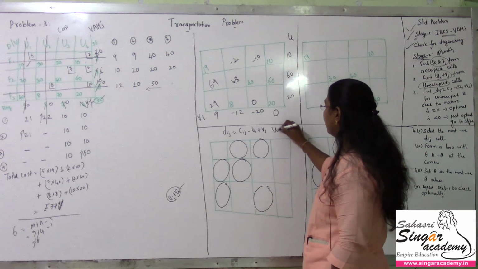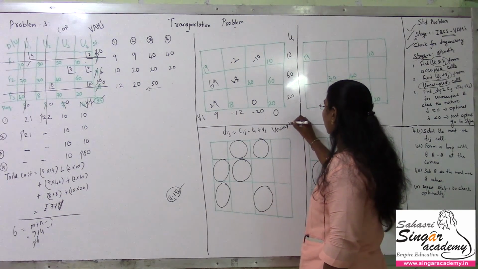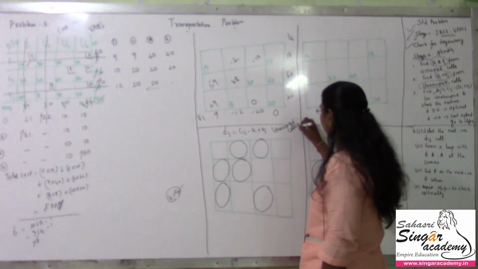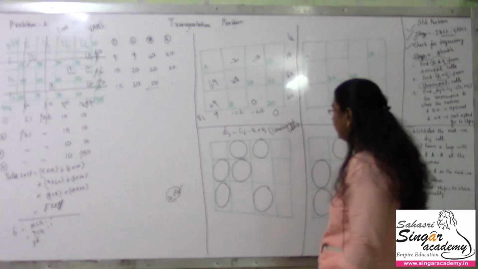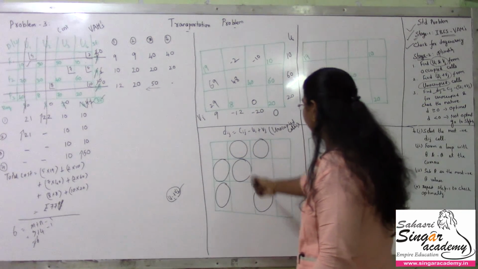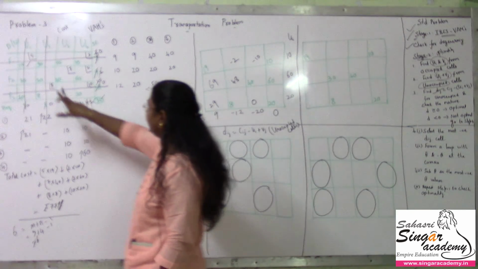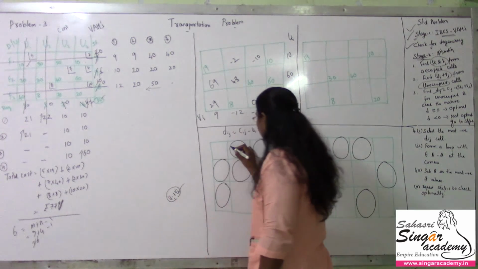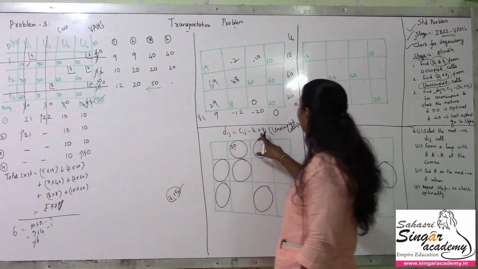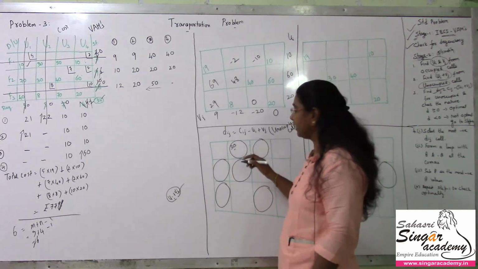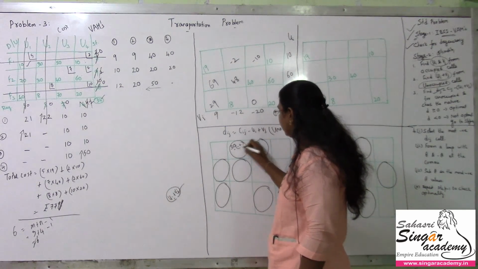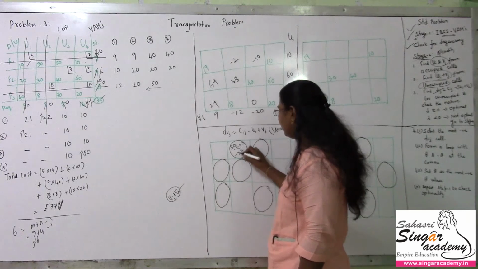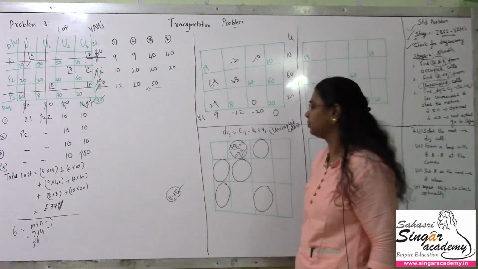We are going to do this for unoccupied cells. So let me go for the first one. Cij is 30 here. So 30 minus (Ui plus Vj) of minus 2 is plus 2. So this is 32. No issues, positive.